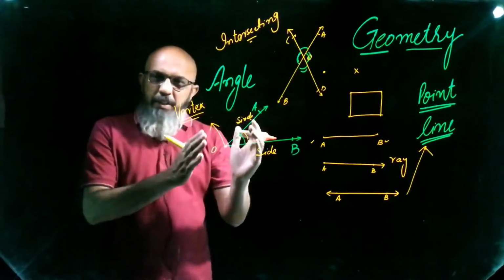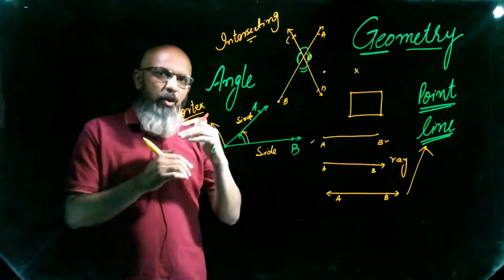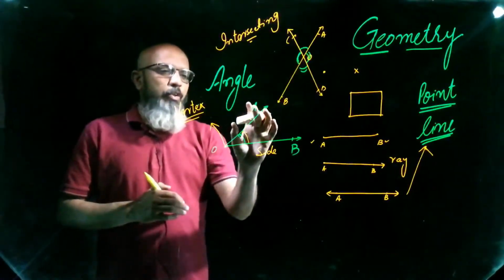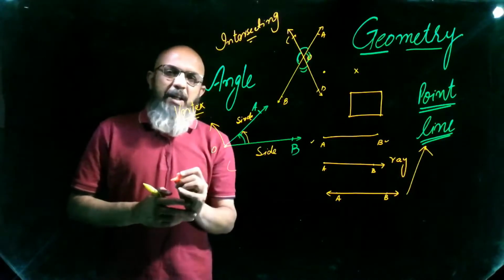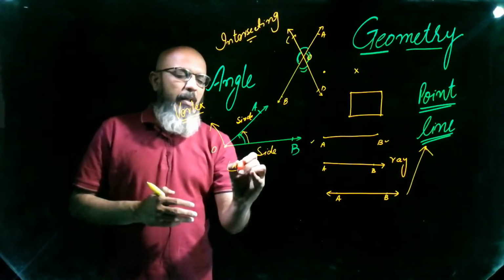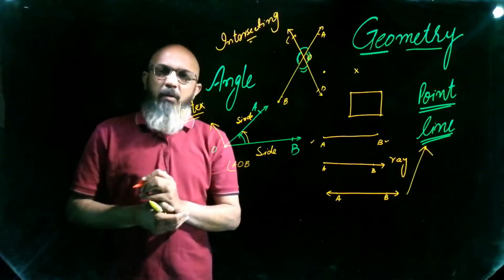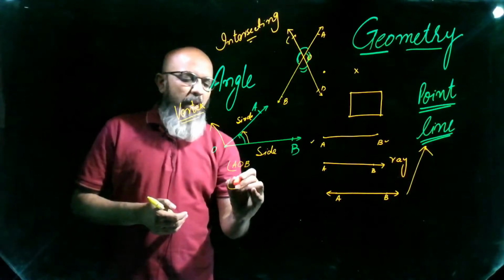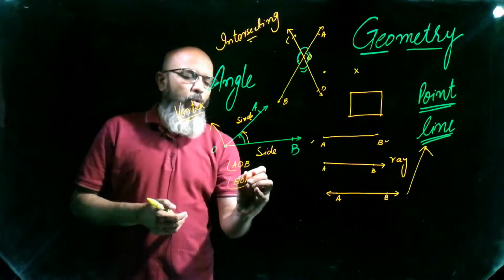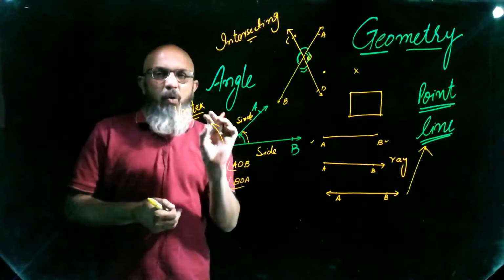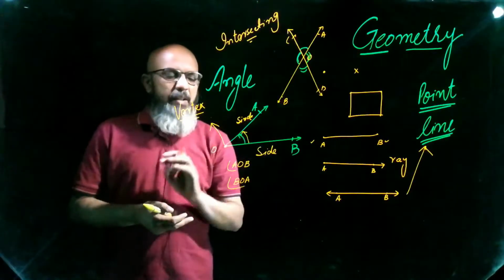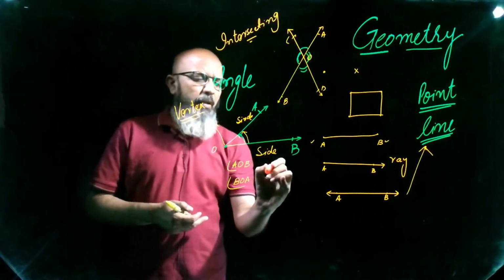Now, how can we write an angle? There are a lot of ways to write an angle. You can write ∠AOB. That is the sign of an angle. Another way is ∠BOA. The vertex always comes in the center between the sides.